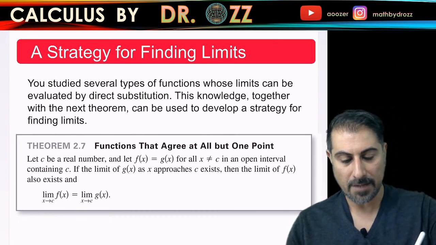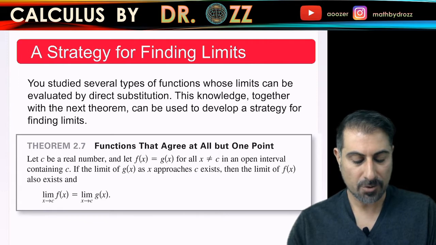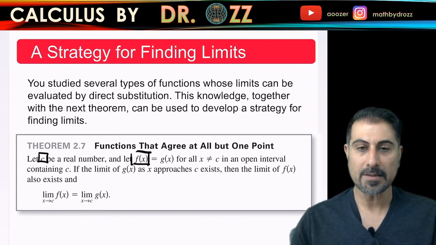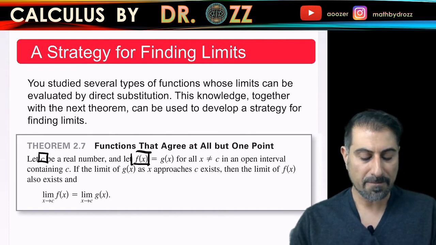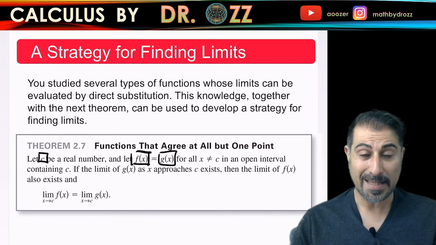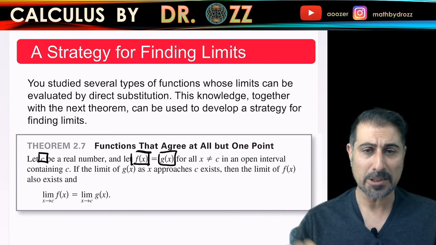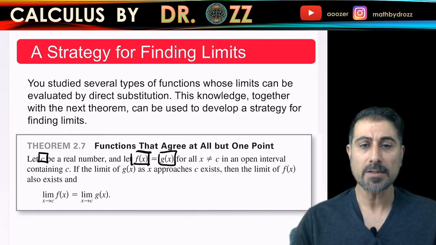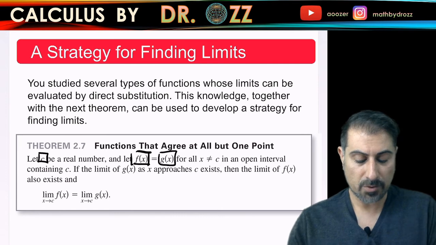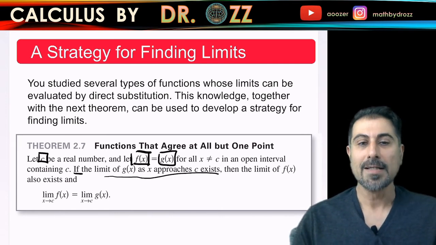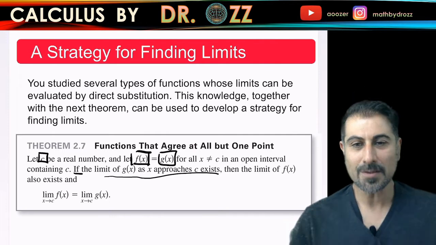Let's say we have the function f to start with, and the limit point is given as x equals c. If you can find a function g that agrees with f at every x but not the limit point in an open interval containing the limit point, and if you know the limit of g at c, then you can say something about the limit of f.